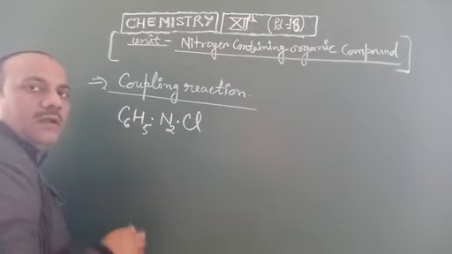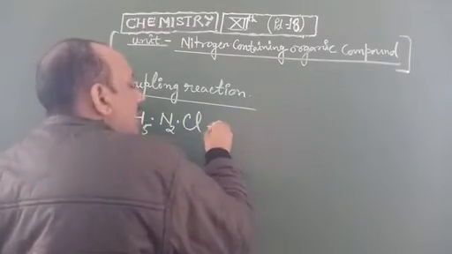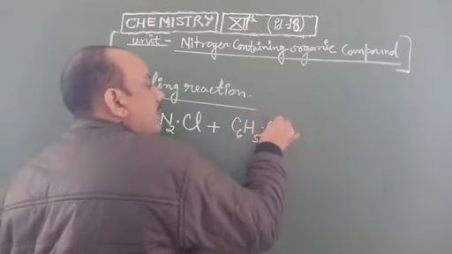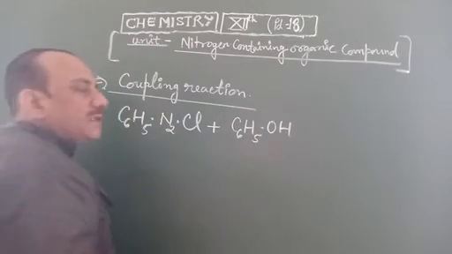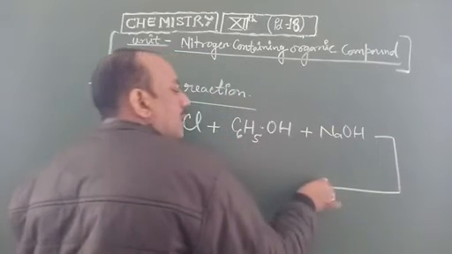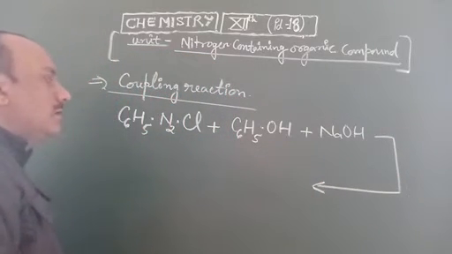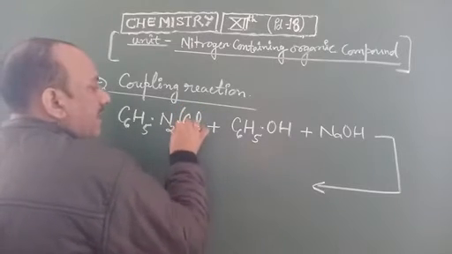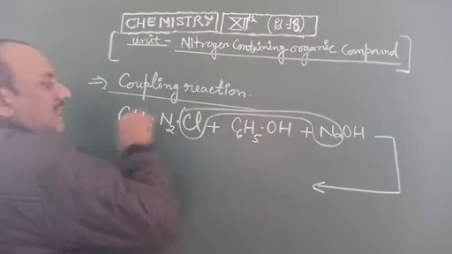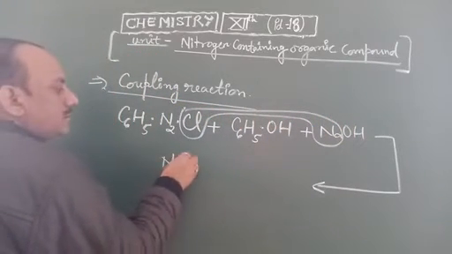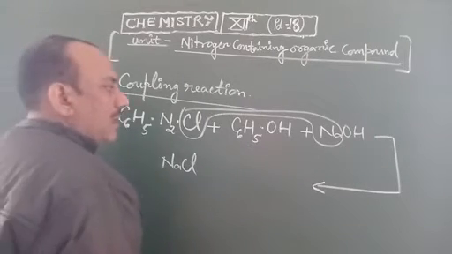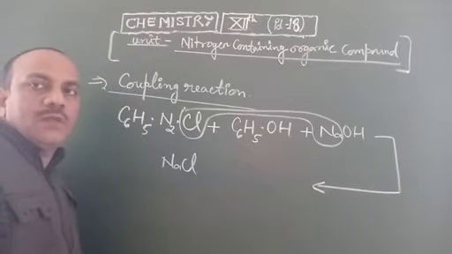C6H5N2Cl, benzene diazonium chloride, and the molecular formula of phenol, C6H5OH, with NaOH. Sodium takes this chlorine atom to form NaCl, and a single hydrogen atom is taken by water.